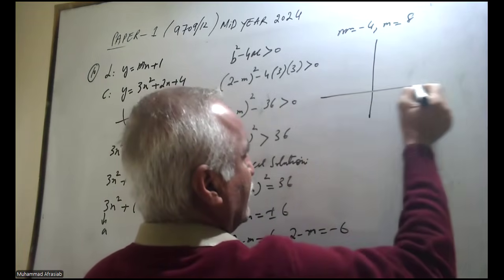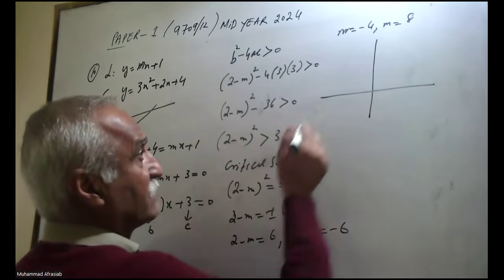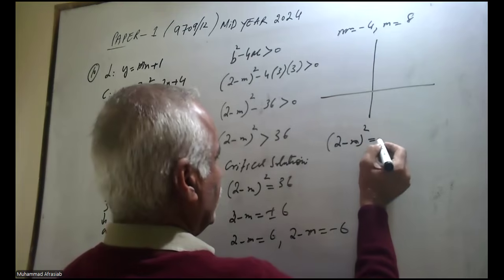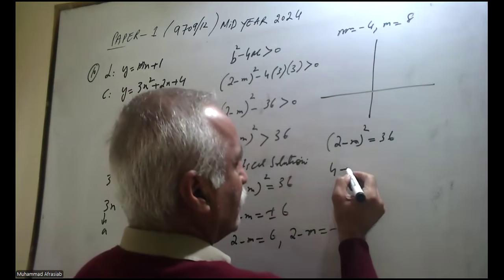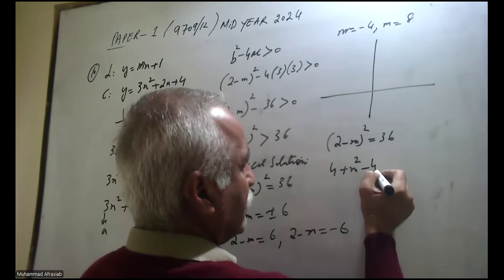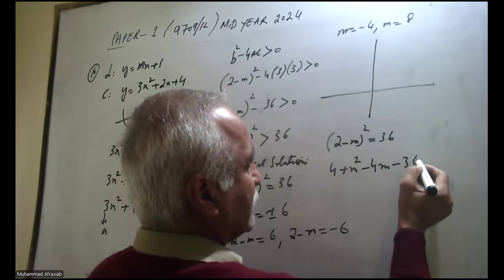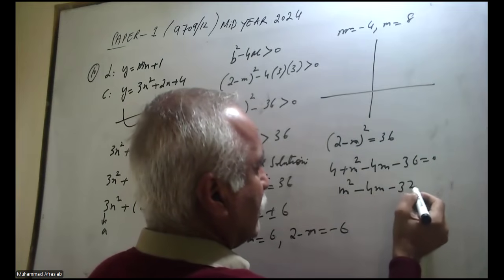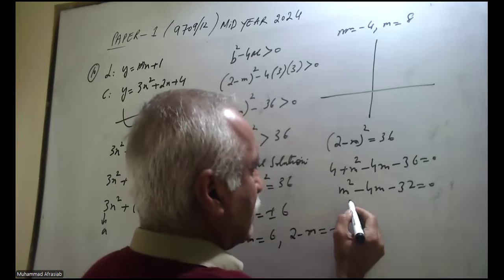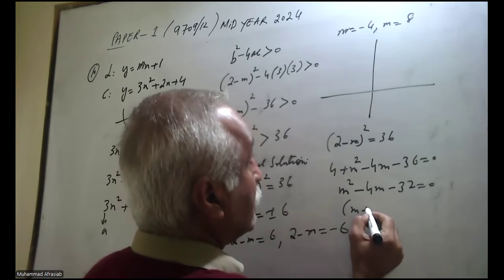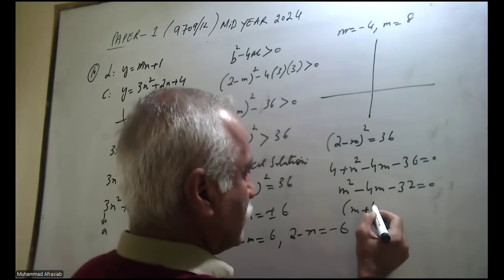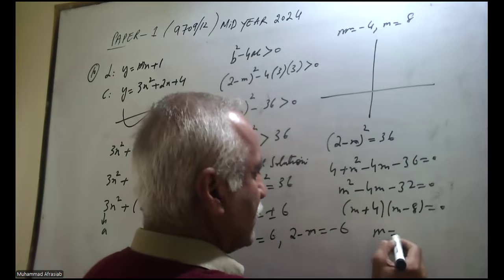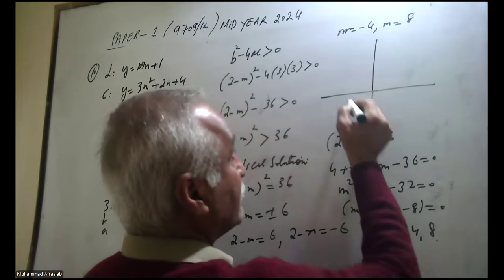Since it is a quadratic equation, if we open it, 2 minus m whole square is equal to 36, it will become 4 plus m square minus 4m minus 36 equal to 0, or m square minus 4m minus 32 equal to 0. It should be equal to m plus 4 into m minus 8 is equal to 0. So m should be equal to minus 4 and 8.